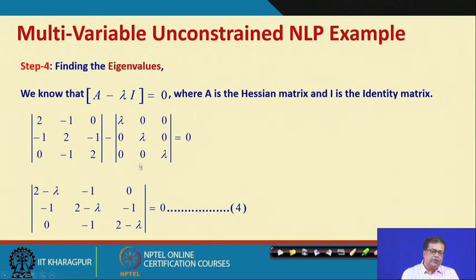If you put that in, we get the Hessian matrix minus lambda times the identity matrix equal to 0. So, we get this matrix: 2 minus lambda, minus 1, 0; minus 1, 2 minus lambda, minus 1; 0, minus 1, 2 minus lambda; and its determinant should be equal to 0 to find the eigenvalues.